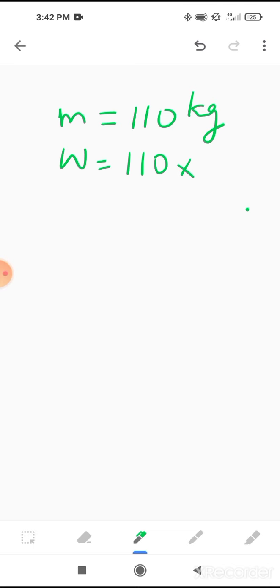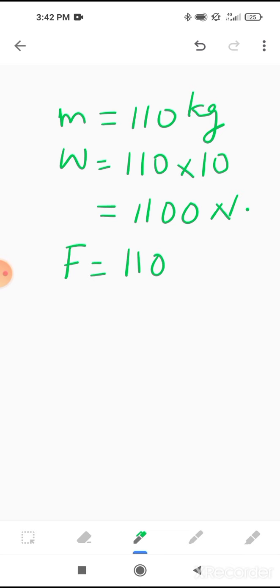Since the g value is not given in the question, you may use it as 9.8 or 10. If it is given in the question, that same number you have to use. So here I am using g as 10, or you may use 9.8. So his weight will come as 1100 Newton. This is the force needed.